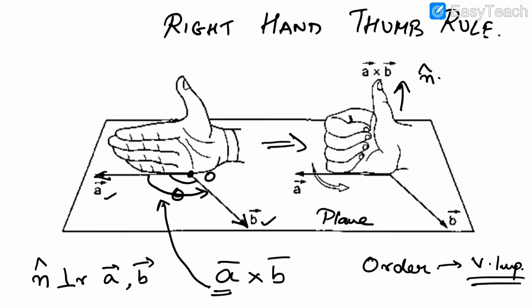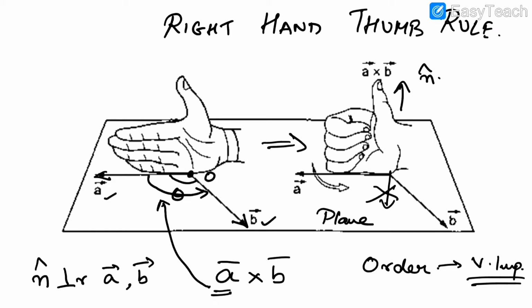But how do we get the direction in which it is pointing? See, the n vector could have been this also. This direction is also perpendicular to A vector and B vector. So the right hand thumb rule fixes the direction, so that it can't be in the 180 degree opposite direction. It has to be in this direction. Remember right hand, not left hand. Sometimes many of you curled with the left hand in the initial days.